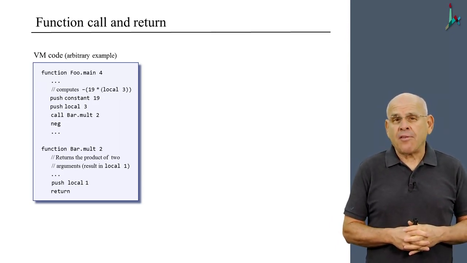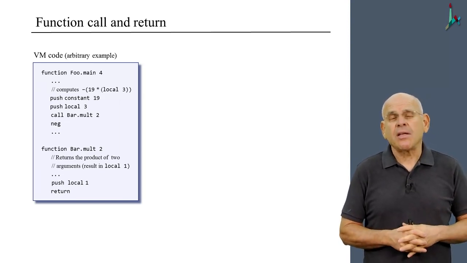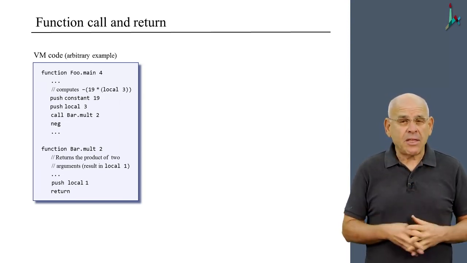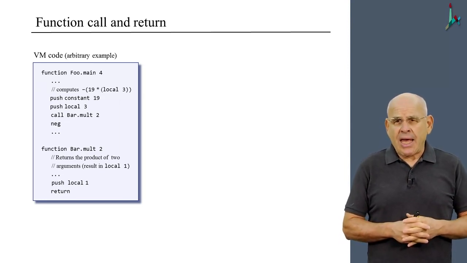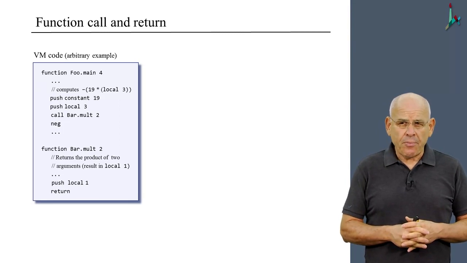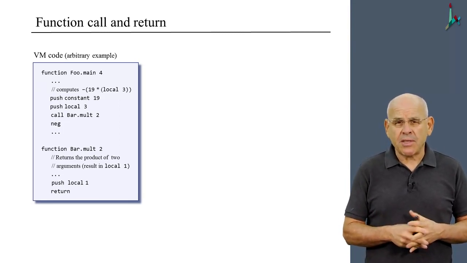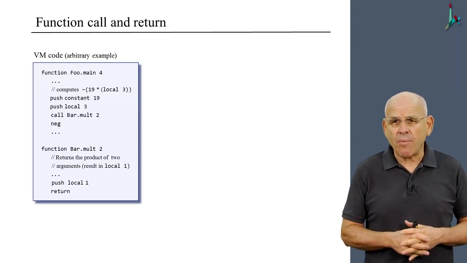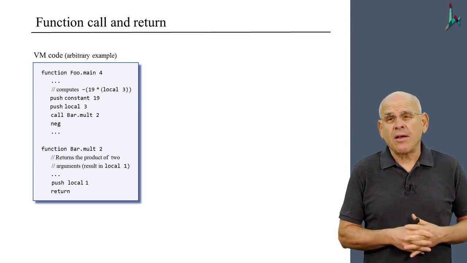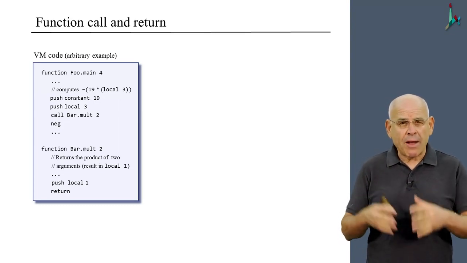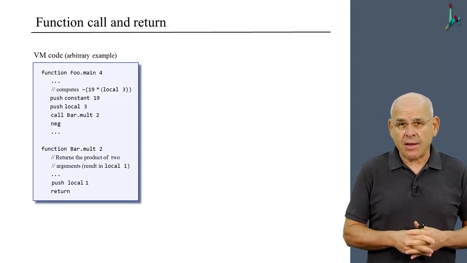And foo and bar had at least one function written in them, and we see these functions here, foo.main and bar.mult. And we see that at some point in main's code, it computes this expression that we see in the comment. So it pushes 19, 3, it calls bar.mult, and then bar.mult does some work and pushes a return value and returns.